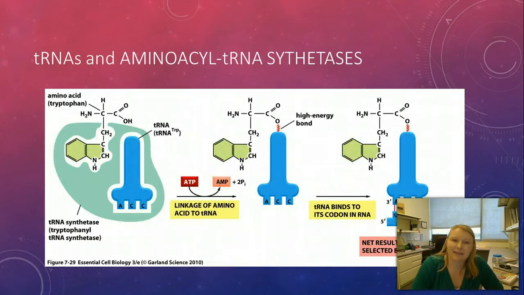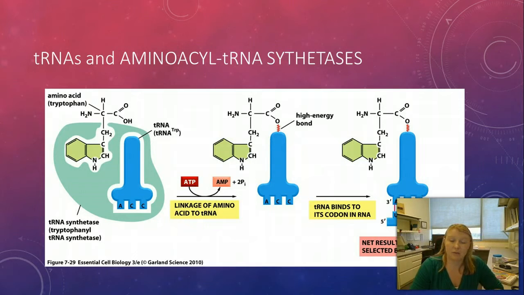So how do these amino acids get onto the tRNA in the first place? They use aminoacyl tRNA synthetases. That's a mouthful, but it's an enzyme. And what this enzyme does, as you can see in the image here, is it has a pocket for the amino acid and a pocket for the tRNA. They will come into the ligand binding sites.